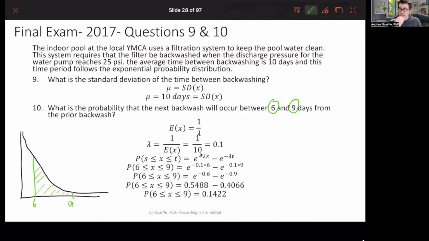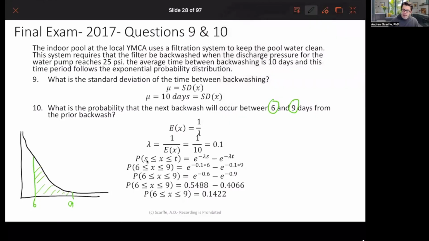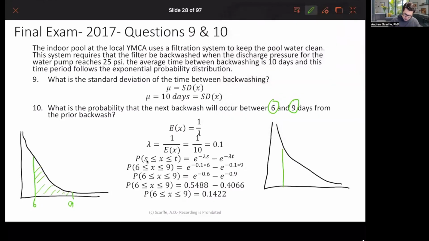When working with an exponential probability distribution, I recommend that students always set their problems up like this: the probability that S is less than or equal to X less than or equal to T will always give you the right answer, and it will help you solve some challenging problems later on. So what we have here is S and T, and we're saying that X is somewhere within this region, right?